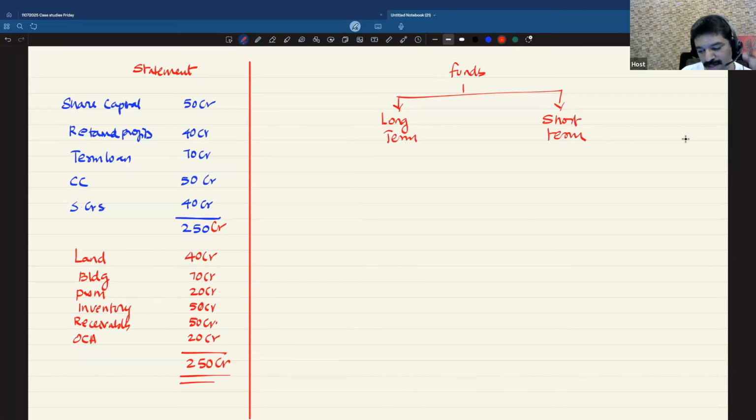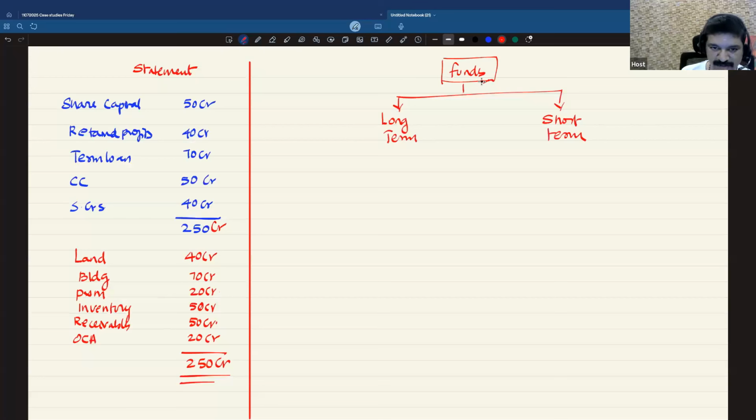Somebody even called me a finance coach who talks a lot about long-term and short-term fund utilization. But I believe this is the ultimate. If this is managed, financial management is taken care of. If you don't understand this, if you make a mess, then it becomes financial mismanagement. That's the reason I always put my focus on this.